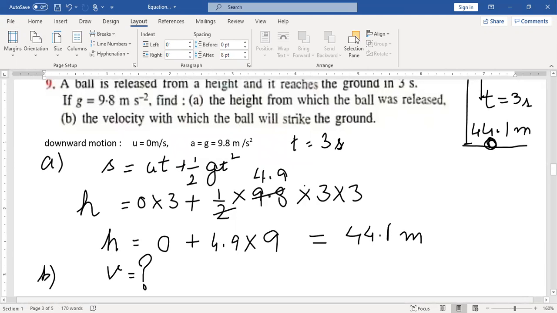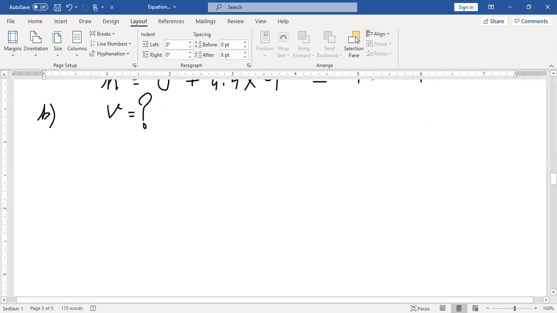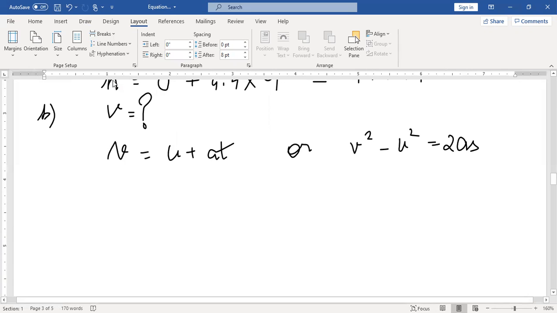We can use the first as well as the third equation of motion. Either you can use first equation or third equation, you will get the same answer. So I will be using the first equation of motion.